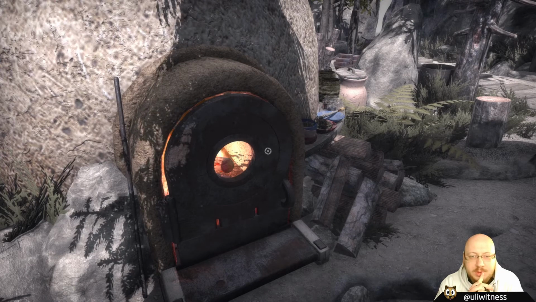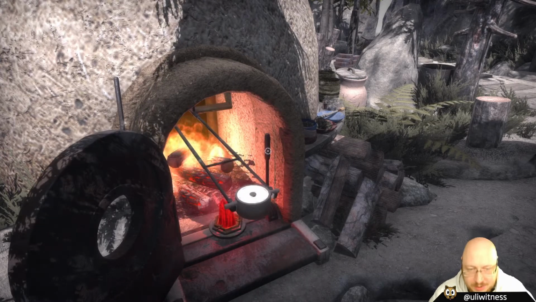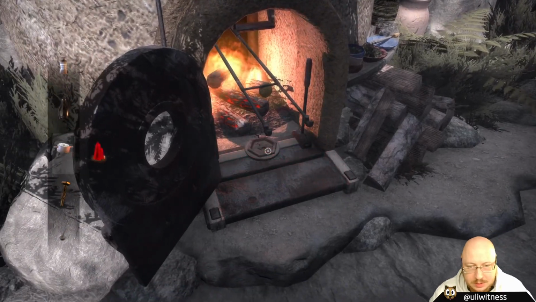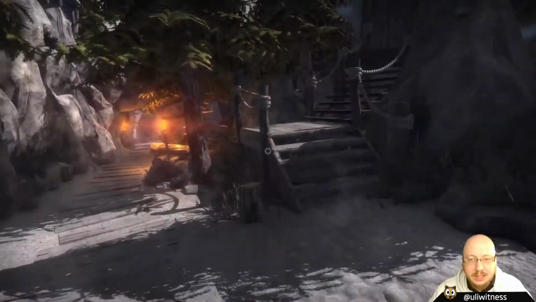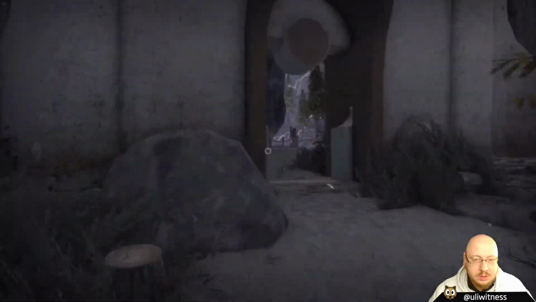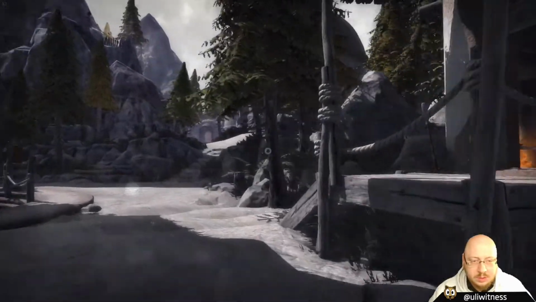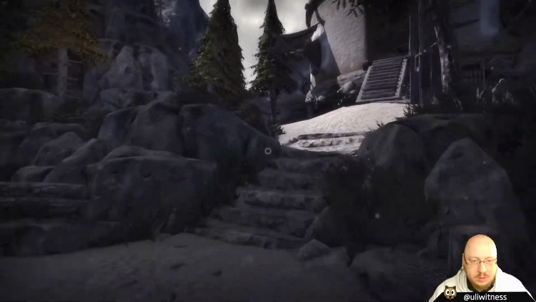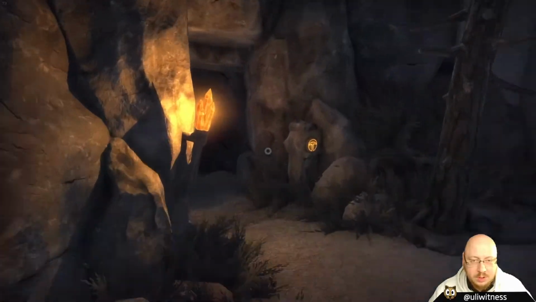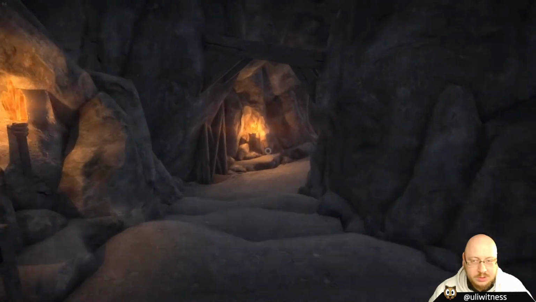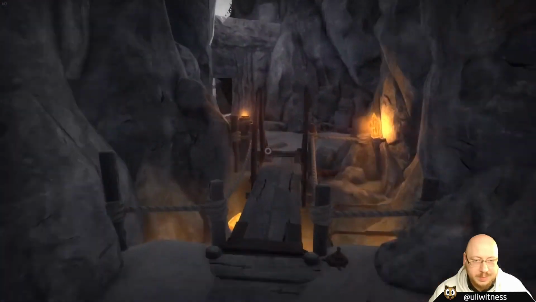But I'm actually surprised I figured the number thing out. Okay, and now we go back into the mine. Because it had a machine that would plonk the crystal out once it's fully baked, right?